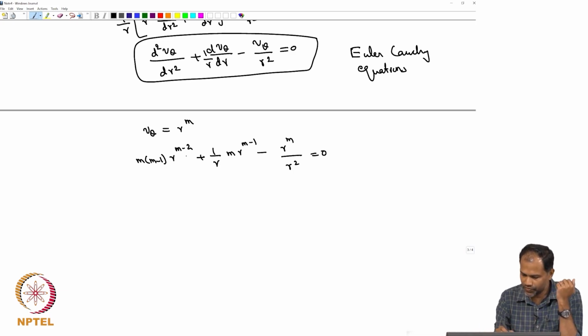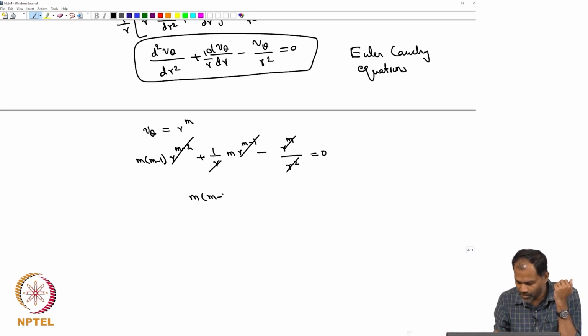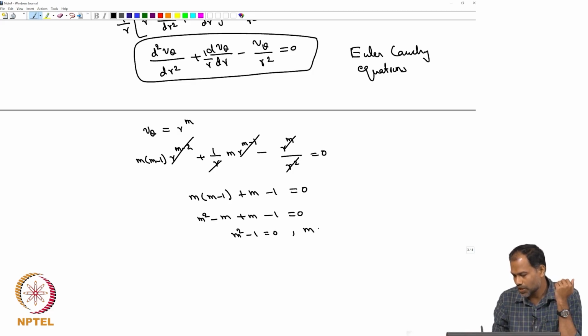If I cancel all the r powers, I have m into m minus 1 plus m minus 1 is equal to 0. So, that is m square minus m plus m minus 1 is equal to 0, m square minus 1 is equal to 0, or m is equal to plus or minus 1.